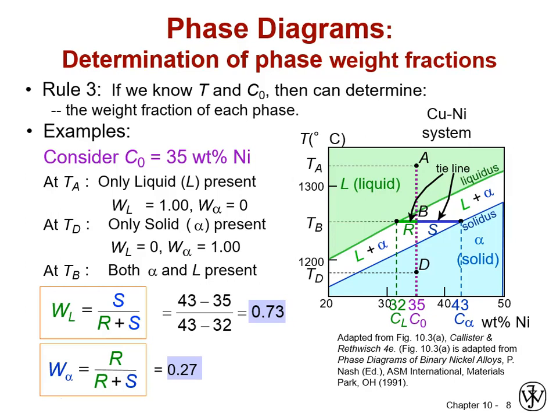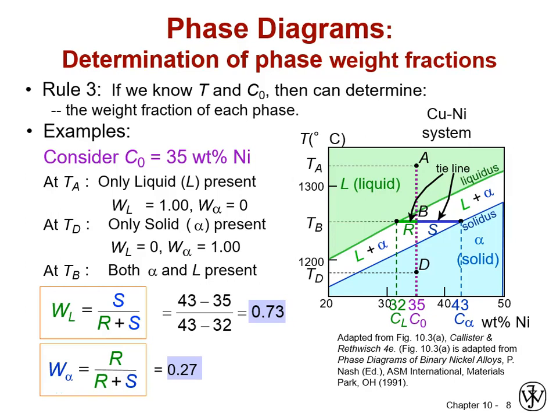Likewise, the weight fraction of alpha phase, not composition of alpha, but the amount of phase alpha with respect to the liquid, is the length of the R portion of the tie line, that horizontal tie line over on the diagram, divided by the total length of the tie line.